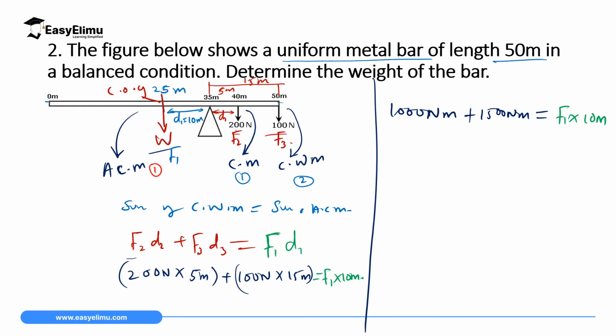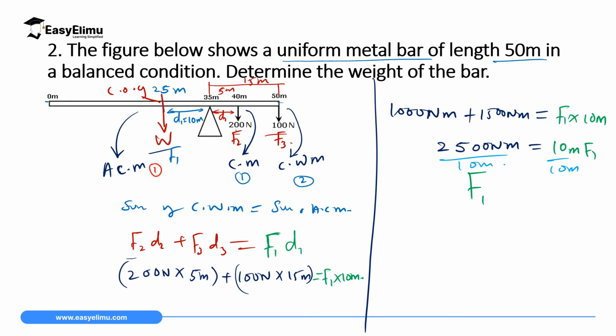If we add the clockwise moments on the left hand side, 1500 plus 1000, it's going to be 2500 Newton meter equals 10 meter times F1. Let me use the green pen for consistency. If we need F1, then we divide by 10 meter on both sides.